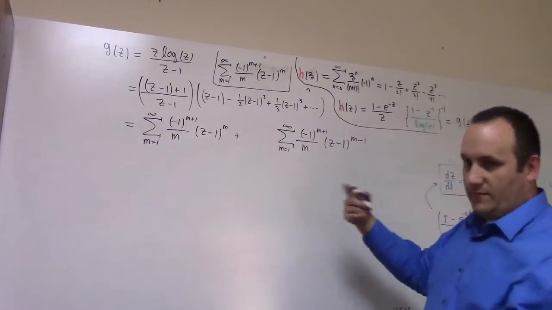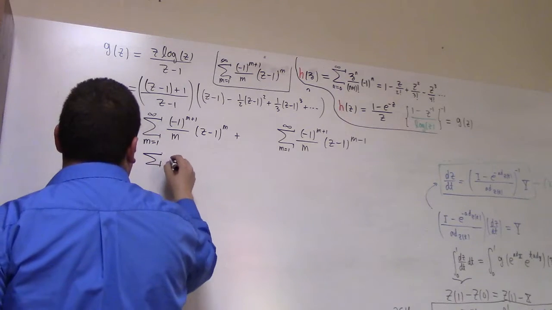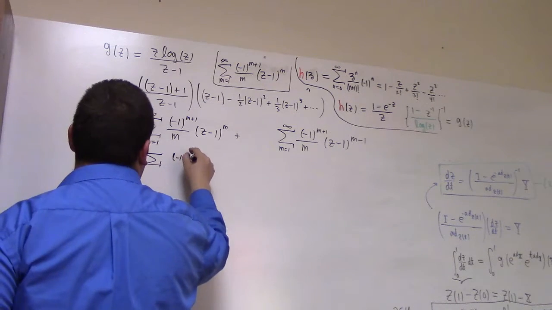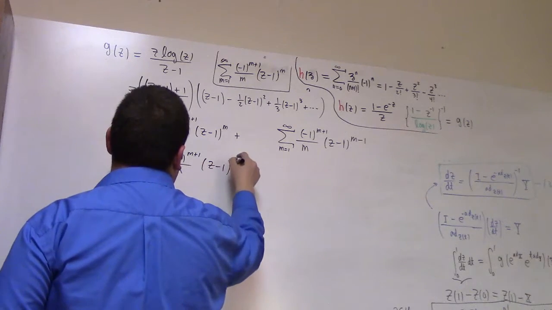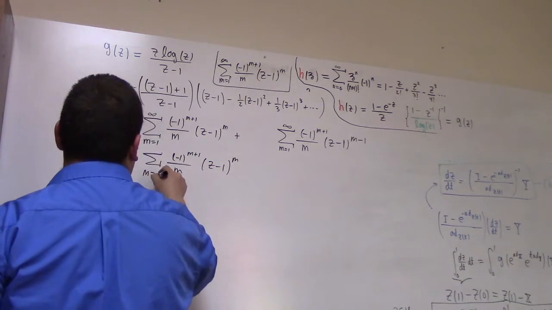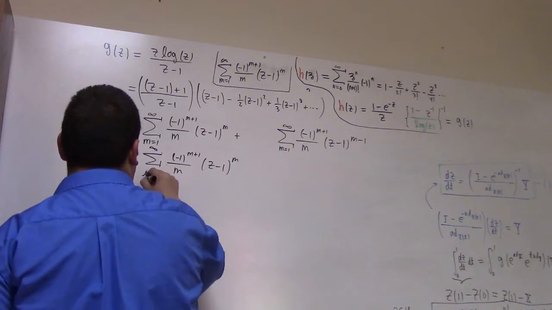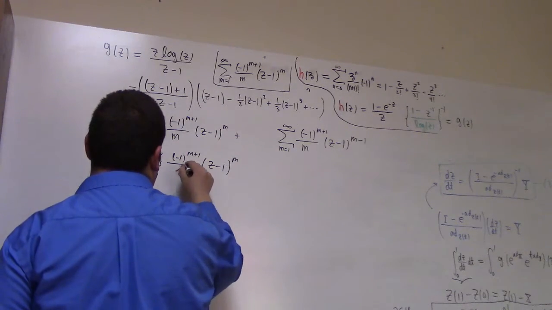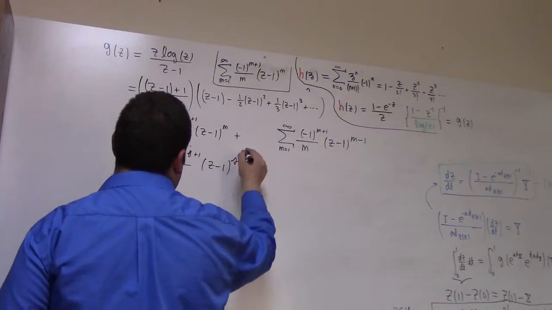Great. And then one more step. So this is the sum of minus 1 to the m plus 1 over m, z minus 1 to the m, m equals 1 to infinity. And let me change that m to a j. I don't know why, it just helps me to make it my own.